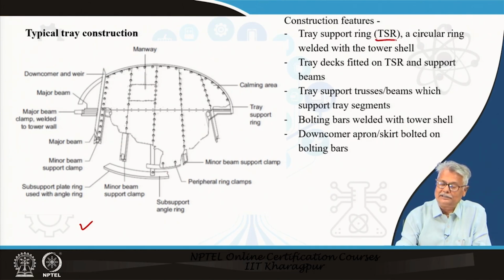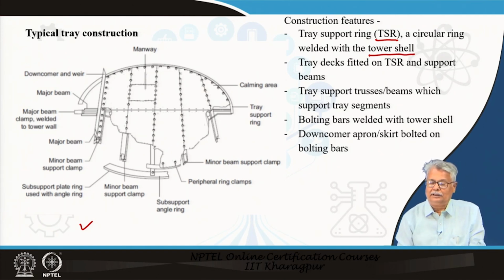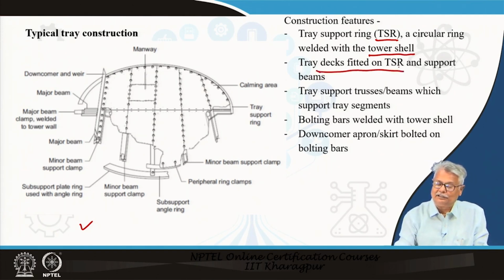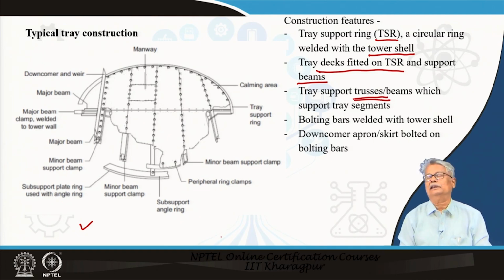We are aware of the tray support ring, which is a circular ring, not a complete circle of course, but it is welded to the tower shell. It is bolted to the deck. The tray deck is fitted on the TSR and the support beams that we have already seen. The beams may be simple beams or it could be trusses even. The trusses are used in case your construction dimensions are really big.